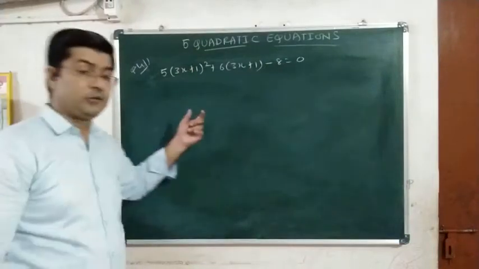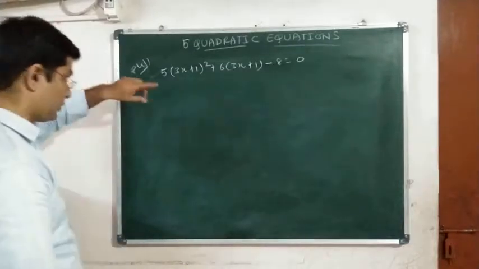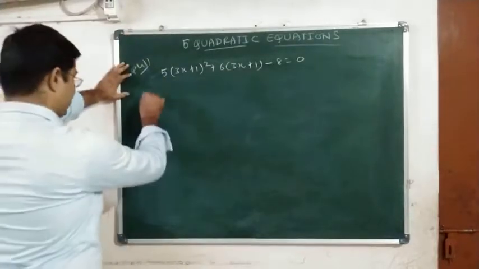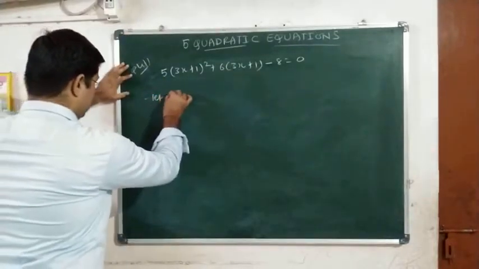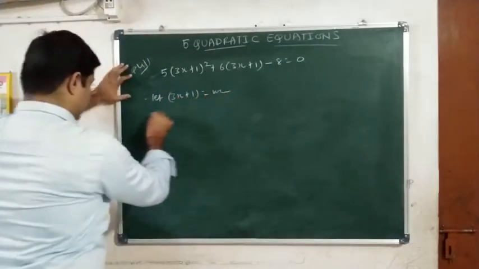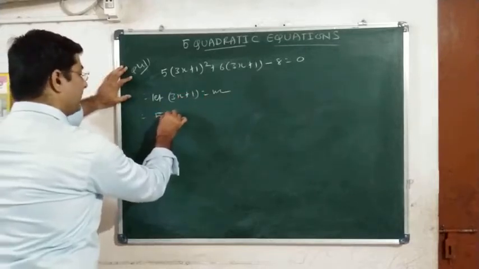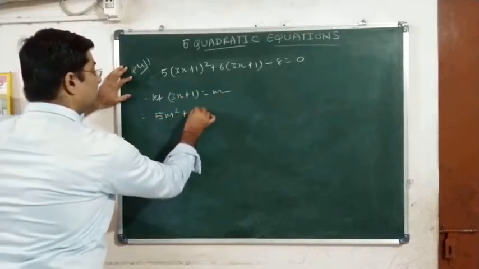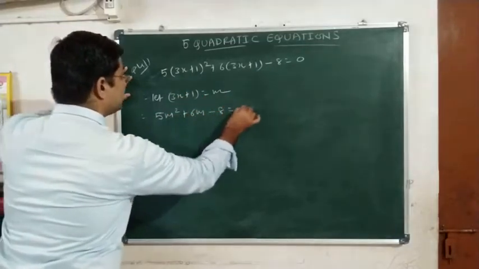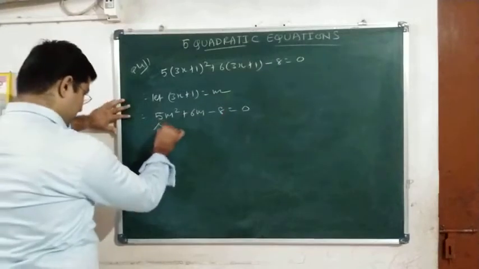Again you will notice that we have 3x plus 1 bracket common to both the terms. So for this bracket we can substitute some variable. Let 3x plus 1 is equal to m, and therefore the equation becomes 5m square plus 6m minus 8 is equal to 0. And now we can factorize this.